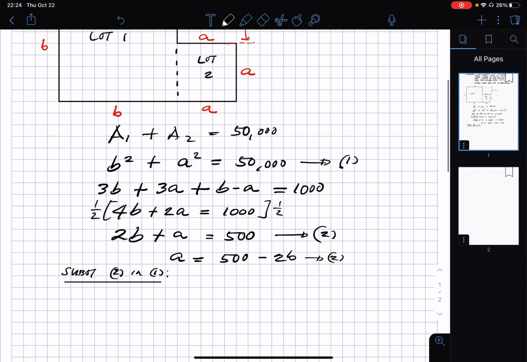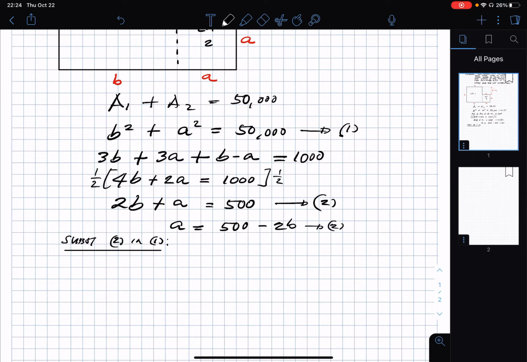Okay, and this will give you equation 1: B squared plus A squared is equal to 50,000.